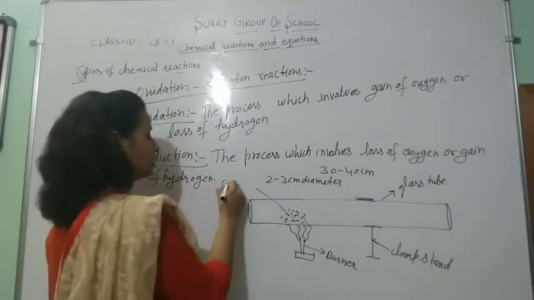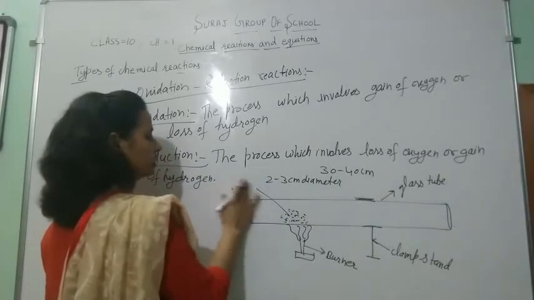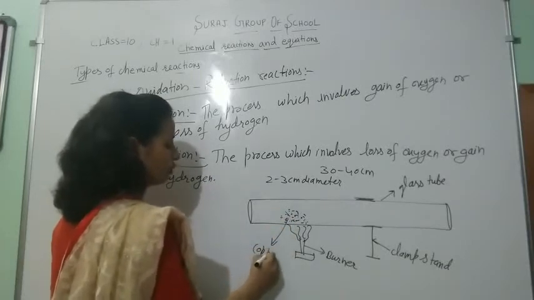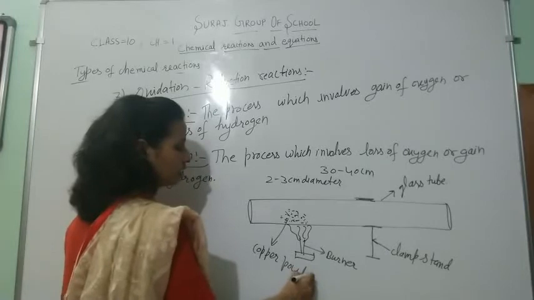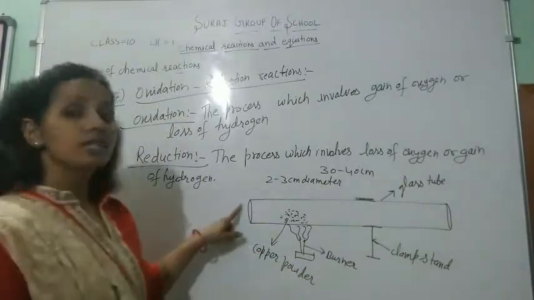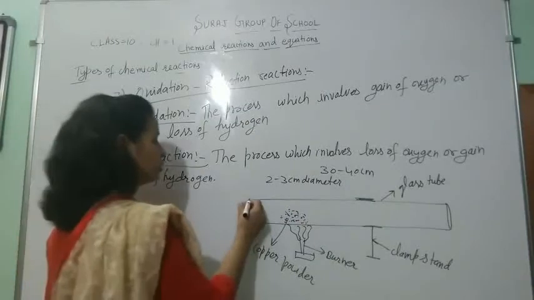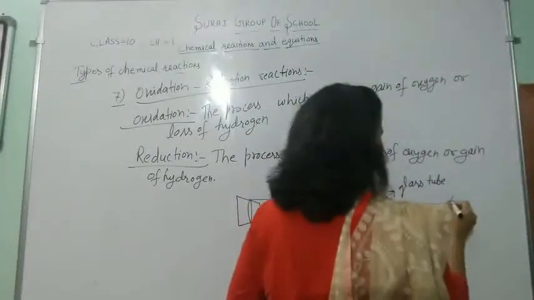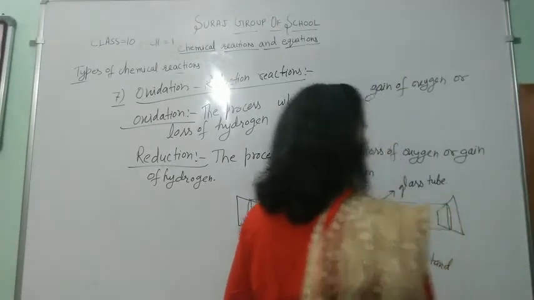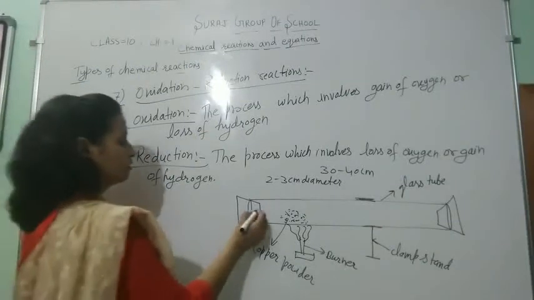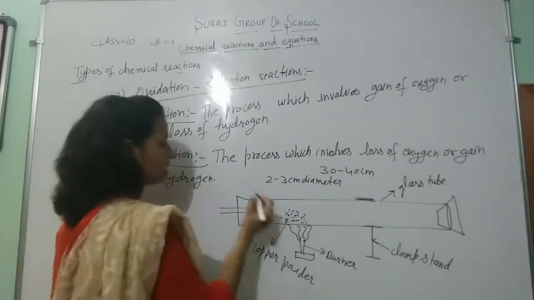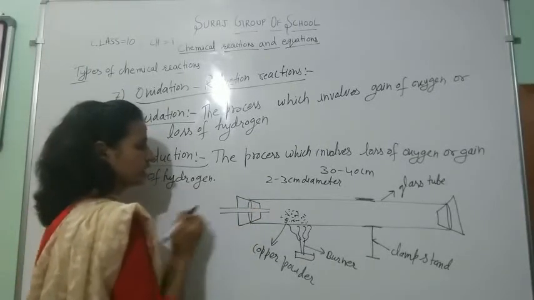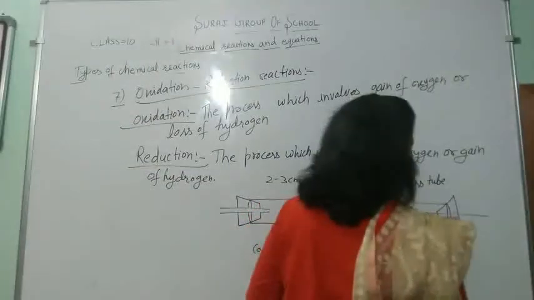This is copper powder. Now place a cork on the mouth of the tube, with a small glass tube inserted through the cork.